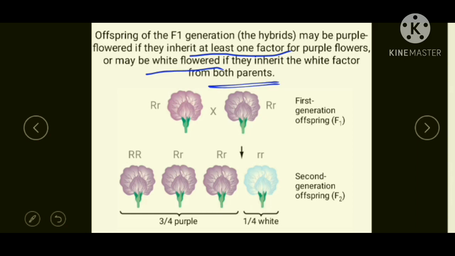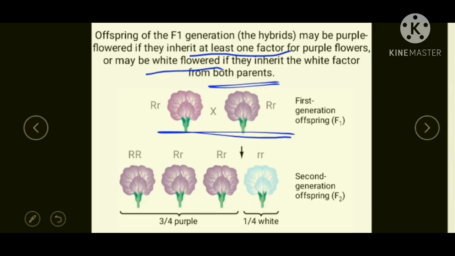When the offspring inherits both recessive alleles from both parents, the offspring becomes recessive for that character. But when the offspring receives at least one factor for the purple flower, it becomes dominant for that character. Let's cross the first generation offspring.